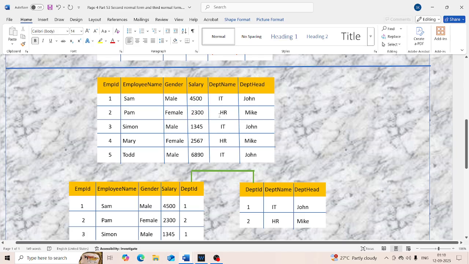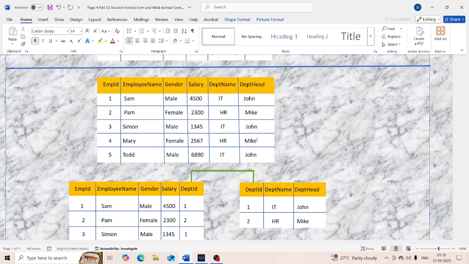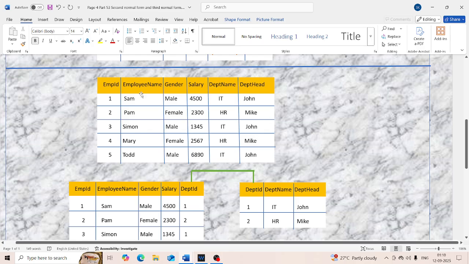Wherever you have IT, it is going to be John. Wherever you have HR, it is going to be Mike, the department head. So this department head is not fully dependent on employee ID. It is also dependent on department name.